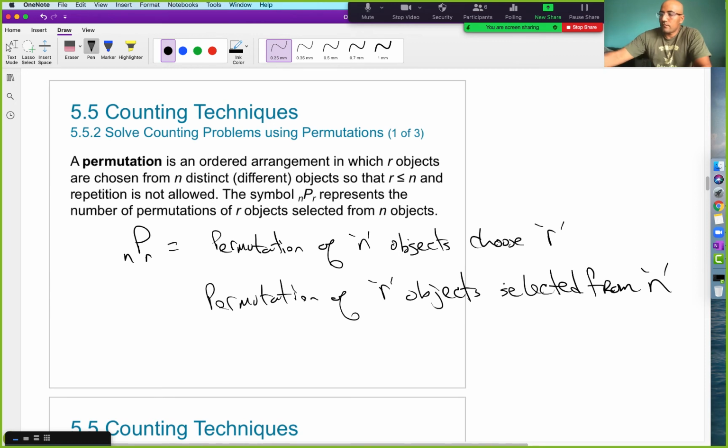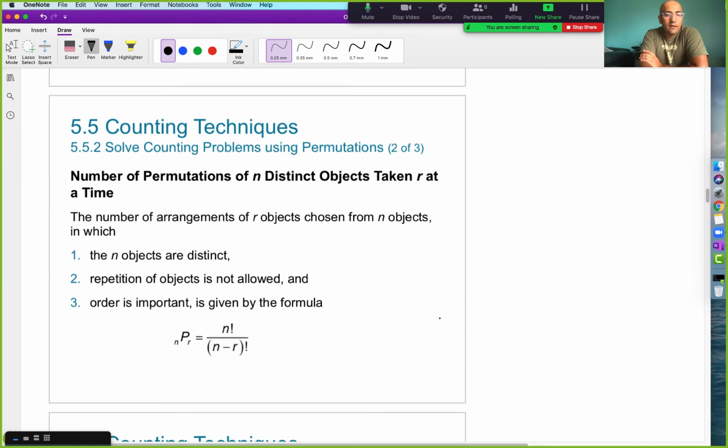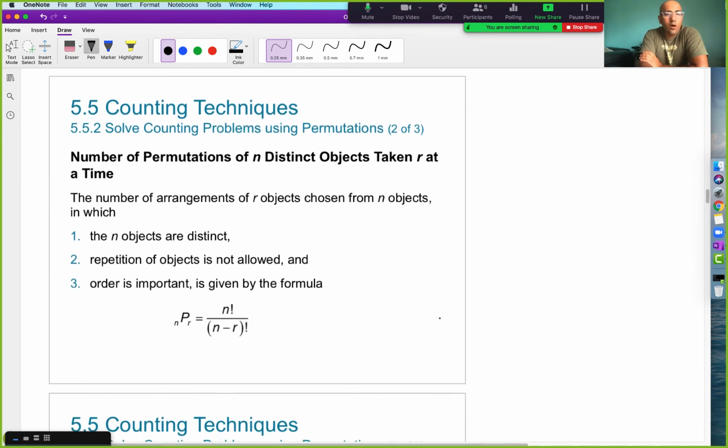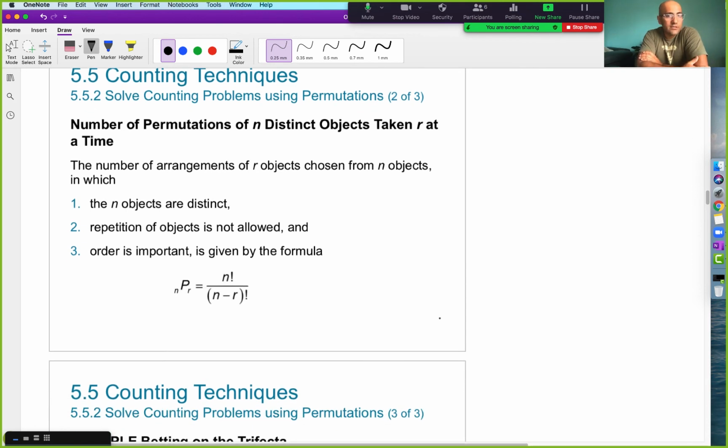Good. Okay, so we've been working with these already, just kind of formalizing it. So the number of arrangements of R objects chosen from n objects in which the n objects are distinct, they're all unique, we can tell them apart. Like in our examples with the markers, we have all n unique colored markers.